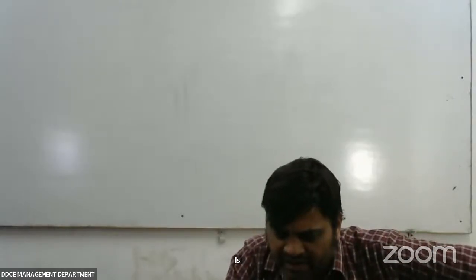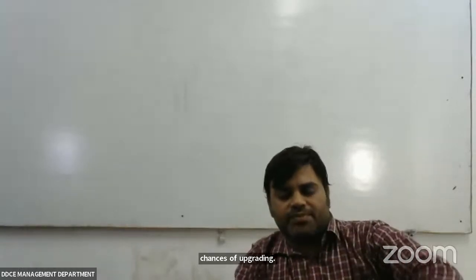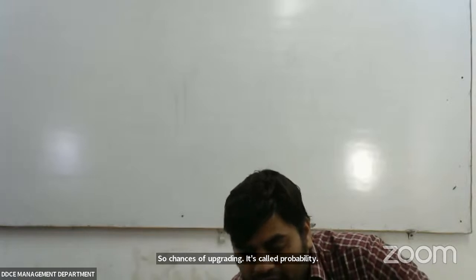Forget about mathematical. Chance of getting the result or not. Sir, chances of occurring is called probability. Right. Chances of occurring. So, probability sampling means what?